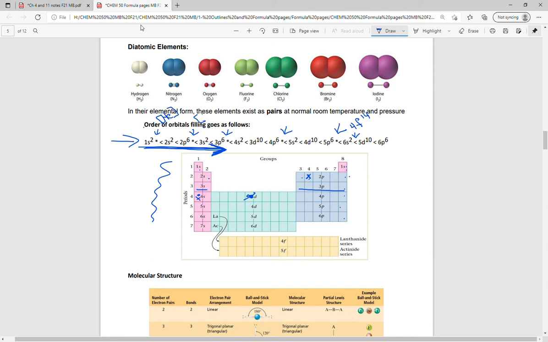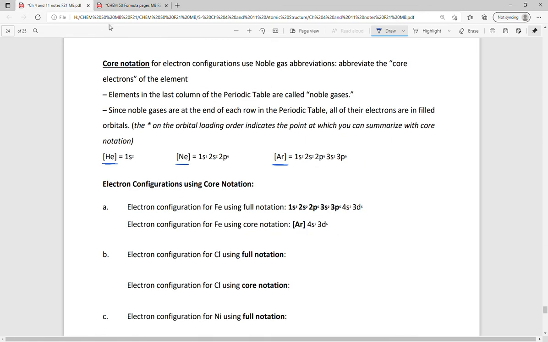This would be neon, right? And then you could start listing your orbital arrangements from there. Let's try some of these. So here's an example of iron using full notation or core notation. You can see that this first part is replaced by argon, and then this is just tacked on the end. Obviously, much simpler to do.